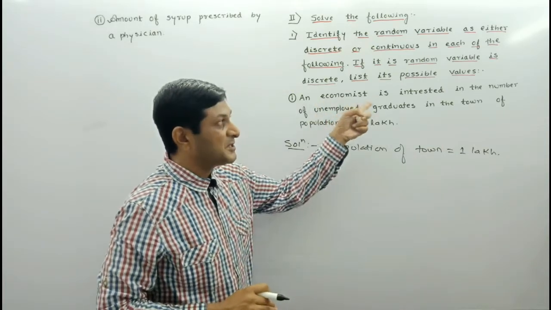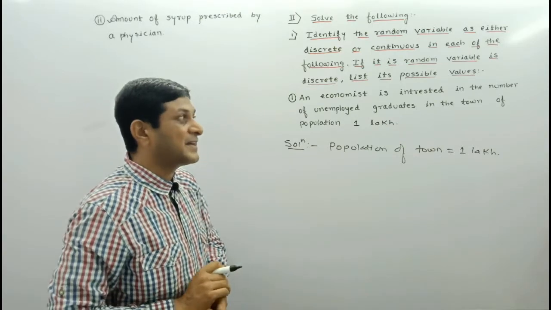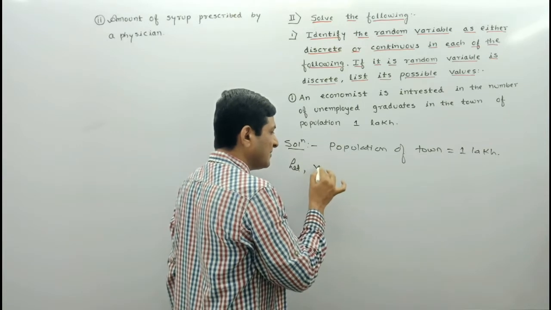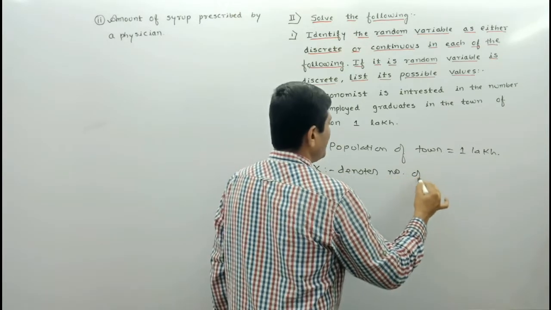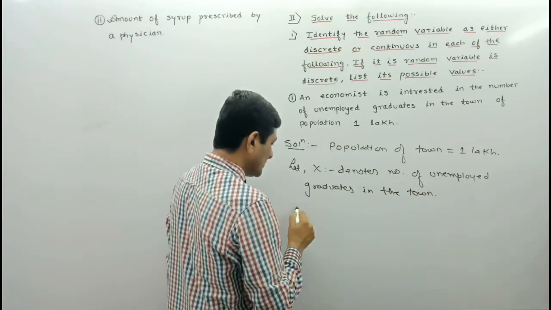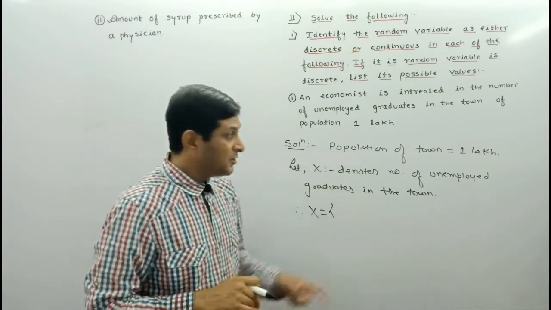An economist is interested in the number of unemployed graduates in the town. So we define the random variable as: let x denote the number of unemployed graduates in the town. Therefore the possible values of x are, now the total population of the town is what?